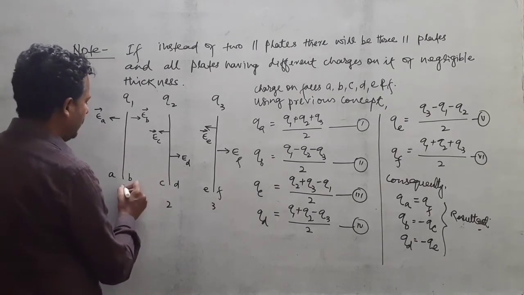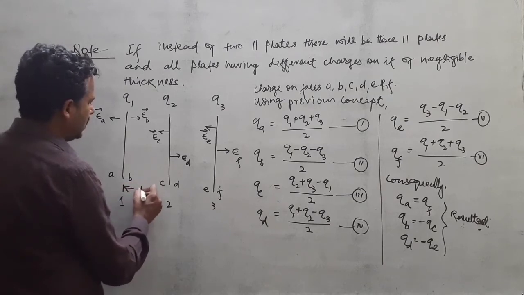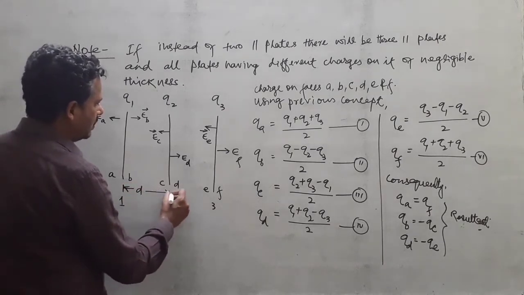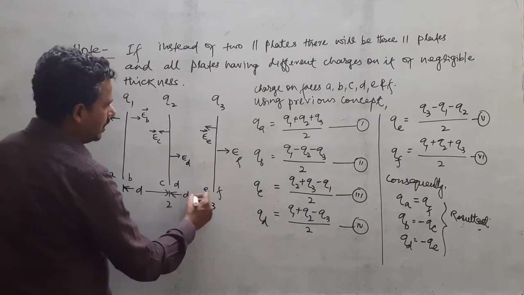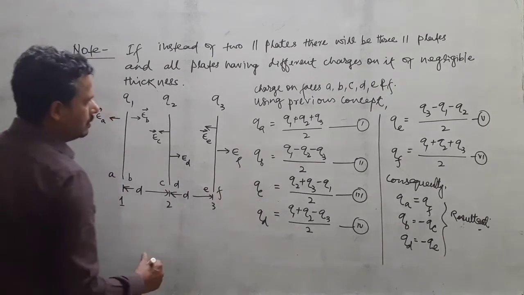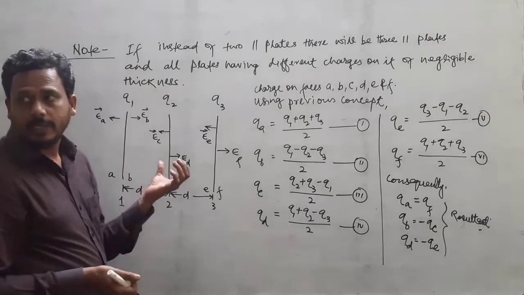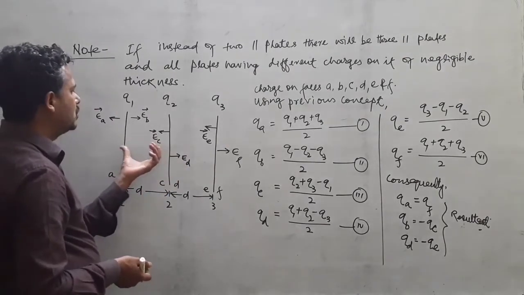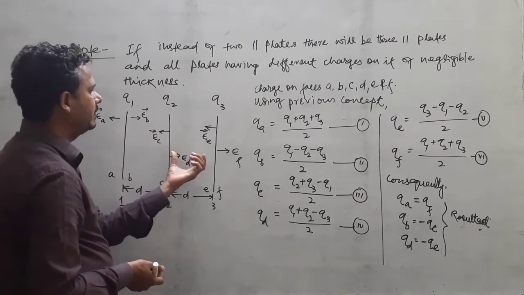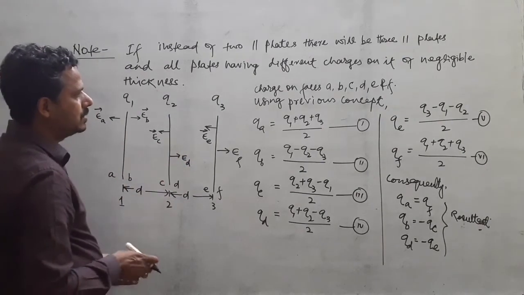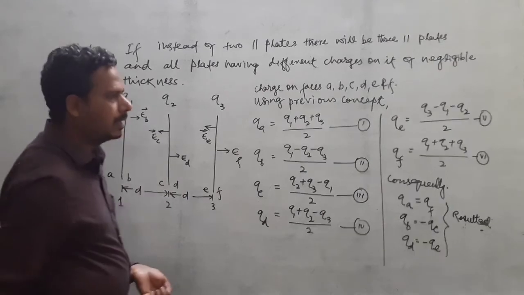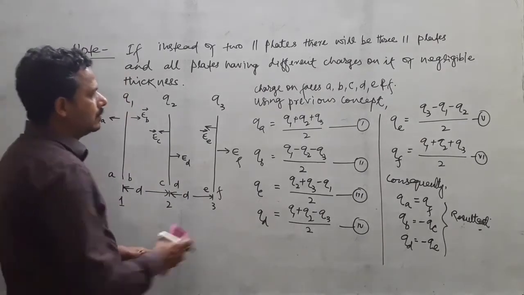If the separation between the plates is equal, that is D and D, we first find out the resultant field lines between these two plates, and then again between these two plates.